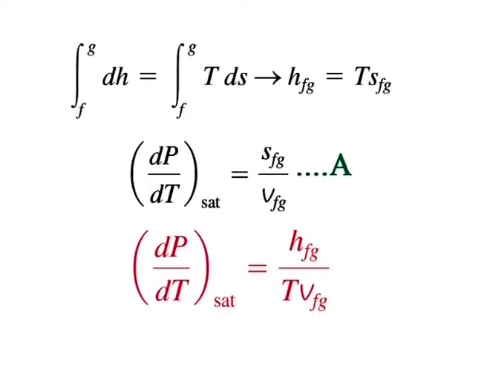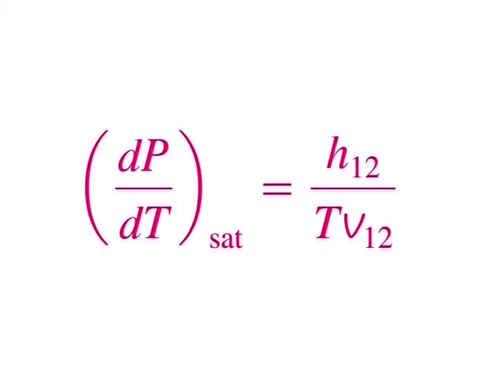The Clapeyron equation is applicable to any phase change process that occurs at constant temperature and pressure. It can be expressed in a general form as dP/dT at saturation is equal to H12 divided by T v12. Here the subscripts 1 and 2 indicate the two phases.